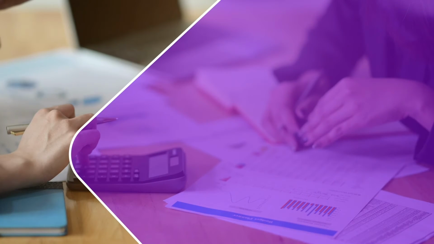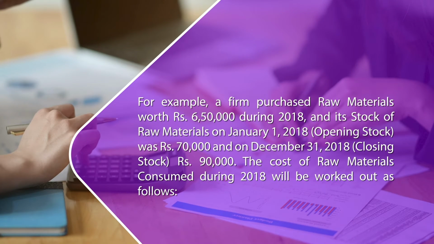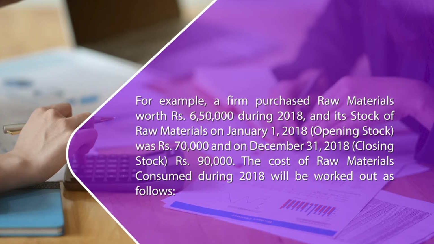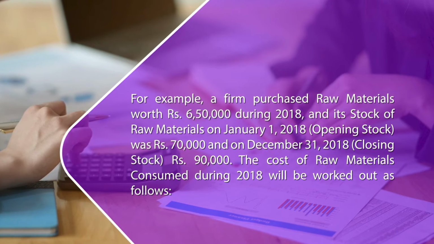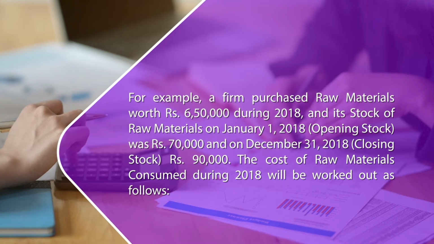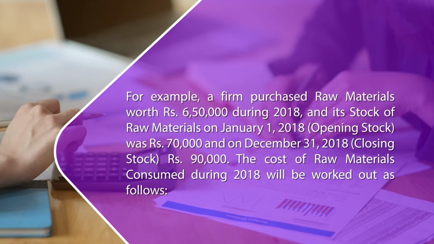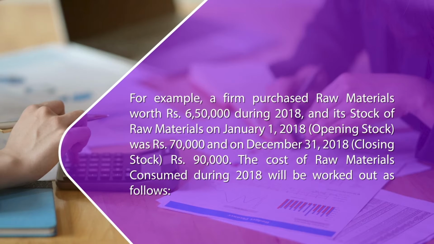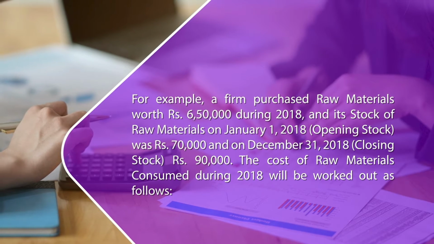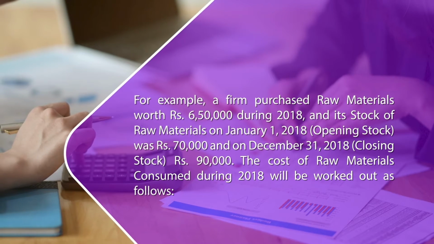So here, for example, a firm purchases raw materials worth rupees 6,50,000 during the year 2018, and its stock of raw materials on January 1st, 2018, it means the opening stock, was rupees 70,000, and on 31st December 2018, it means closing stock, it was rupees 90,000.